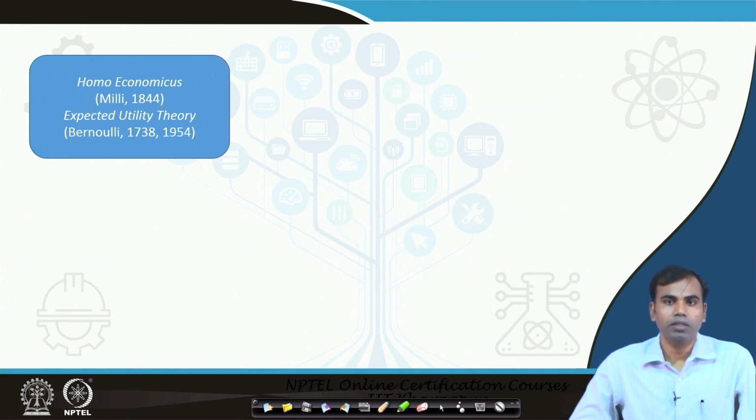So, these decision making theories or economic theories are basically based on expected utility theory given by Bernoulli and later on by Von Neumann and Morgenstern.